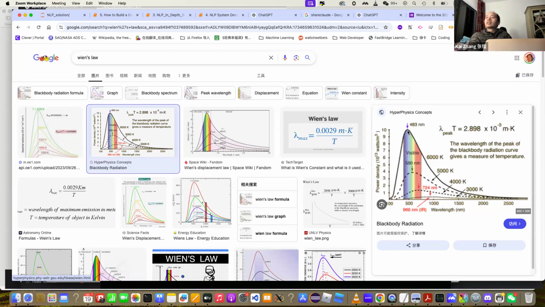That means at this wavelength the star emits most of its energy, and lambda peak multiplied by T equals 2.898 times 10 to the minus 3 meter Kelvin.